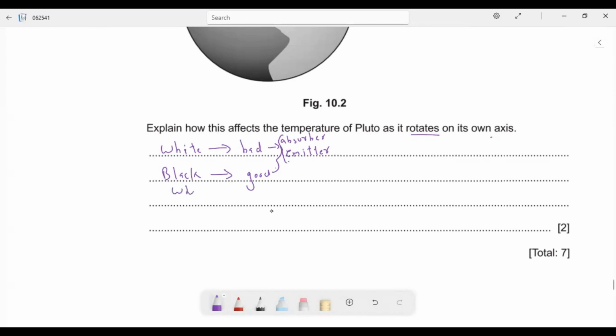So while facing the Sun, the temperature rise will be more in the case of black surface and less in the case of white surface.